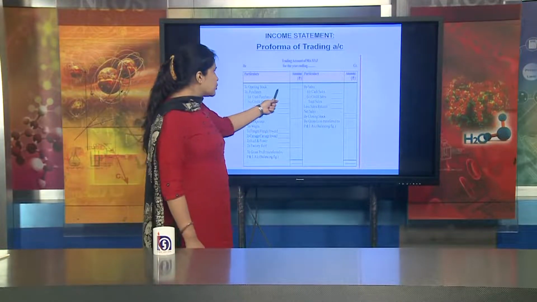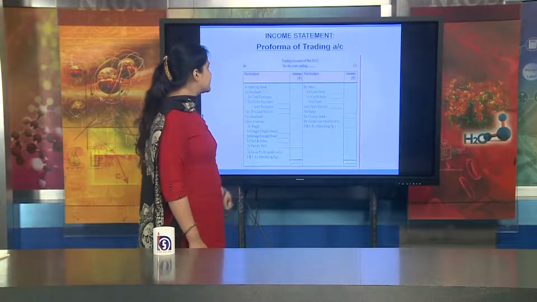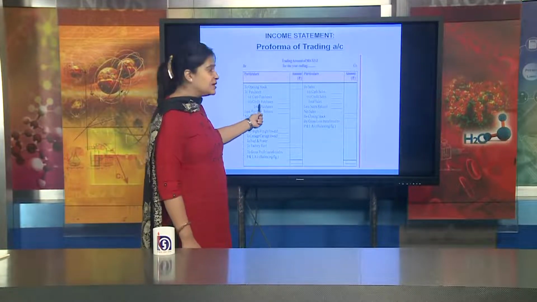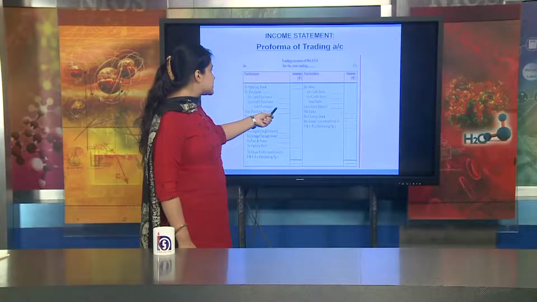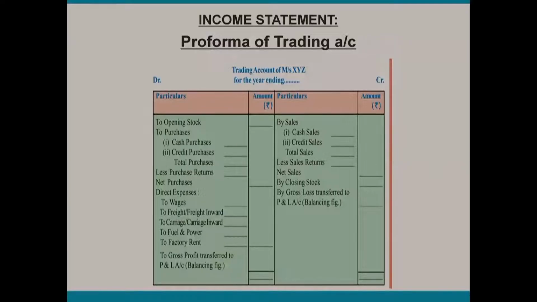Whatever was your opening stock, you will enter here. Whatever you purchased, the cash purchases, the credit purchases, and then the total of cash and credit purchases minus any purchase returns. Whatever you have purchased, out of those purchases you returned some goods. Those purchase returns would be subtracted, and then net purchases would be mentioned here.